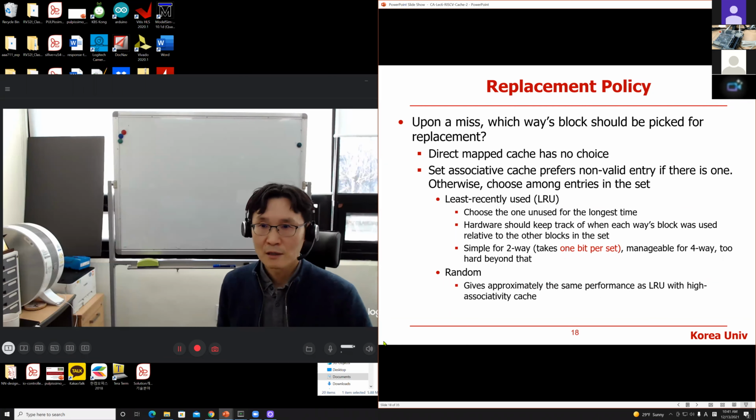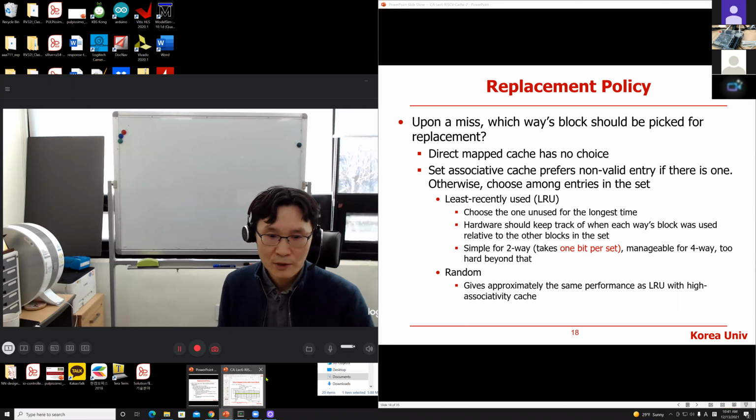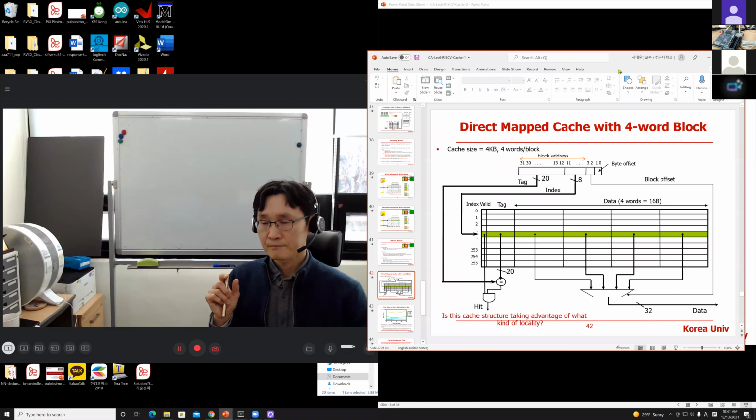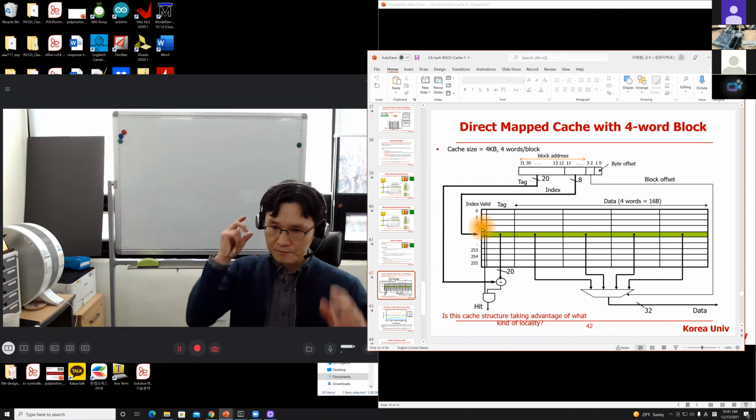Okay, thanks. Replacement policy. What is that about? If you look at a direct-mapped cache, you have one cache entry in each set.